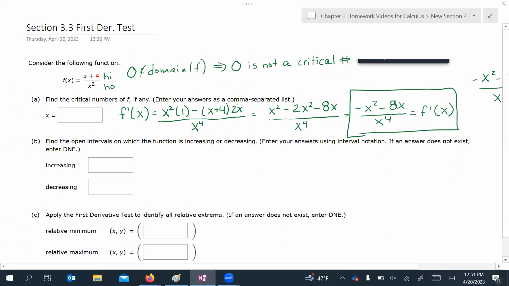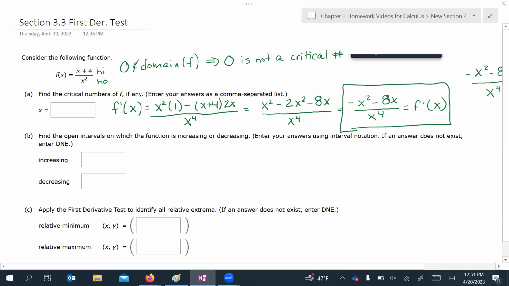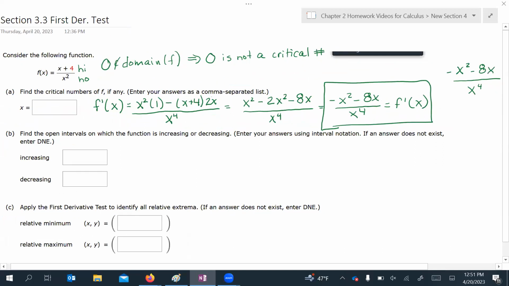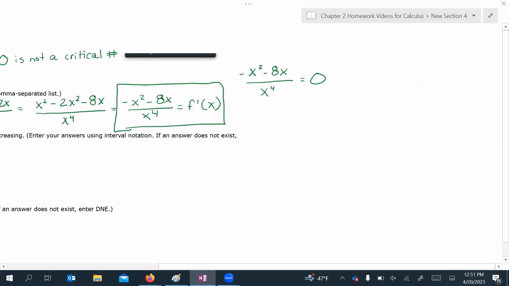However, for our specific function, 0 is not eligible to be a critical number because the original function wasn't defined there. So we don't consider x equals 0 a critical number, but we do consider it when we're looking at our tables for increasing and decreasing, because it's where the function's not defined.